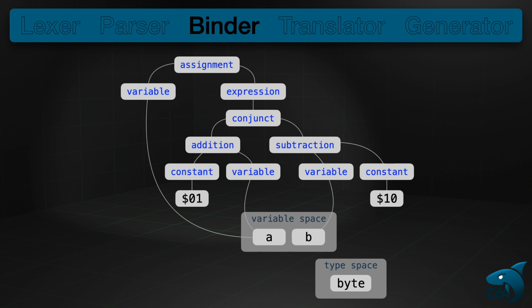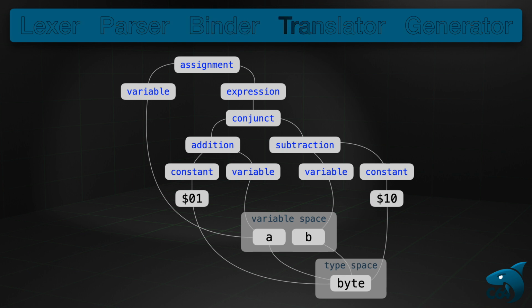The type space consists of type instances that have been defined. In fact, the variables must already have been bound to type instances when they were defined, so those bindings exist already. The binder still has to bind constants to their types, and in doing so, it has to also verify that the types match in the expression. So now we have an object graph for the assignment statement.